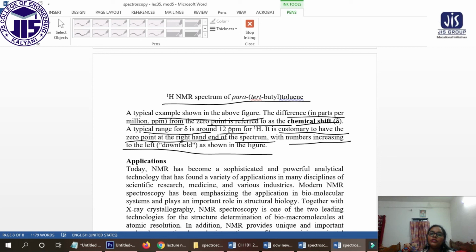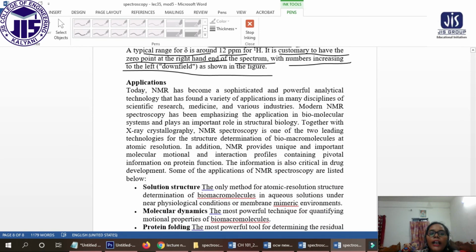Today NMR has become a sophisticated and very powerful analytical technology that has found a variety of applications in many disciplines of scientific research.